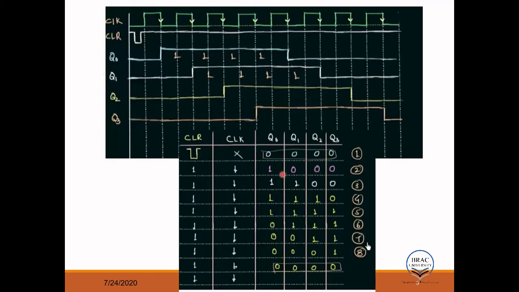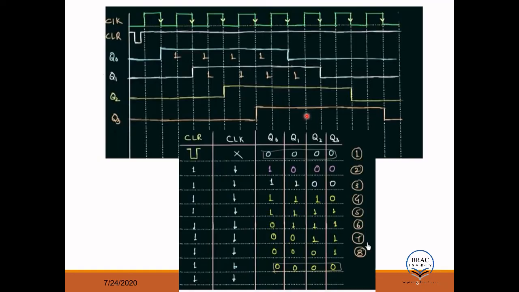The third one will be 0 0 1 1. The fourth one will be 0 1 1 1, and the fifth one will be 1 1 1 1.